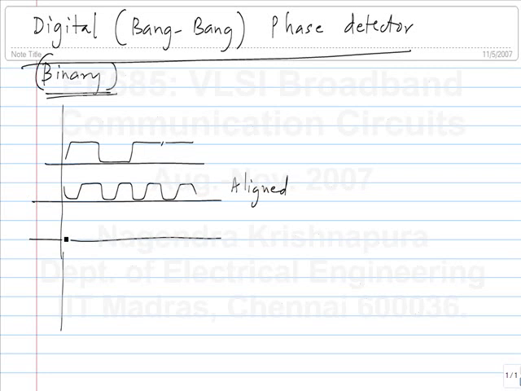So if the clock is too early, you can see this is earlier than this, and this is earlier than this, and so on. So we are talking about the falling edges, the alignment of the falling edges with respect to the data transitions.